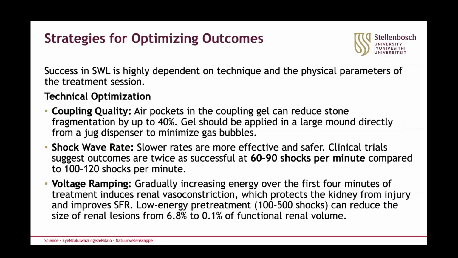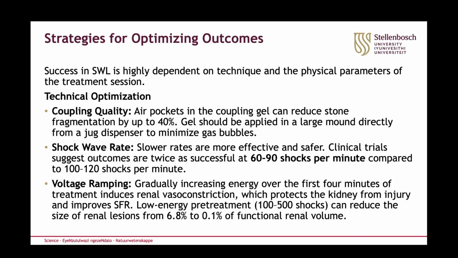Strategies for optimizing outcomes. Looking at our techniques, first the coupling quality. We know that air pockets between the shockwave source and the patient's body can degrade the quality of treatment, so it's quite important to make sure that if you're using coupling media, there are no large amounts of air pockets in it.